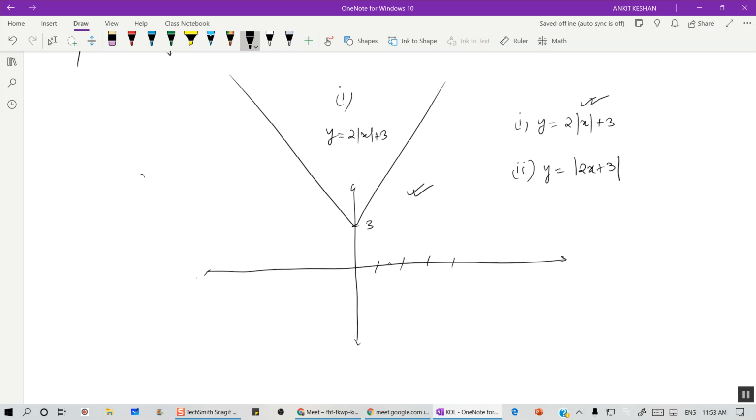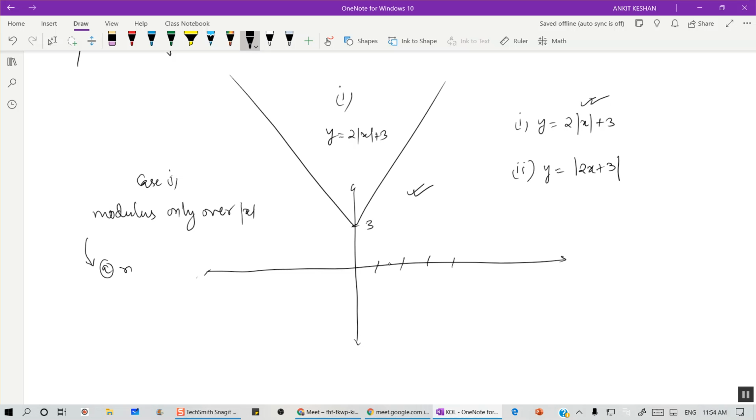So case 1: modulus only over x. What happens?